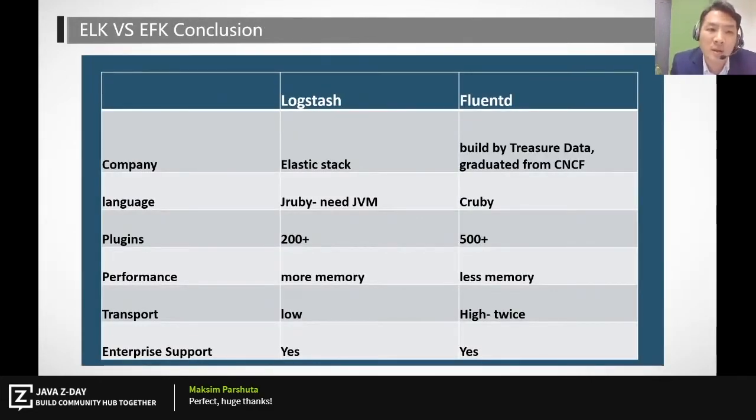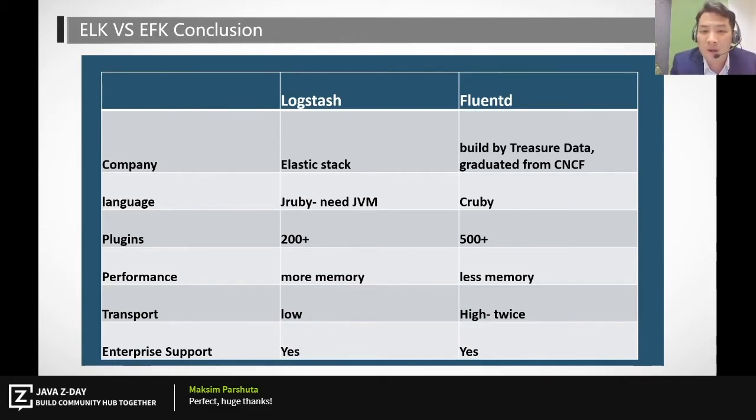Here is a conclusion for the comparison. We can see Logstash is from the Elastic Stack company, and Fluentd graduated from the Cloud Native Computing Foundation. For the language, Logstash uses JRuby, which means it needs a JVM.